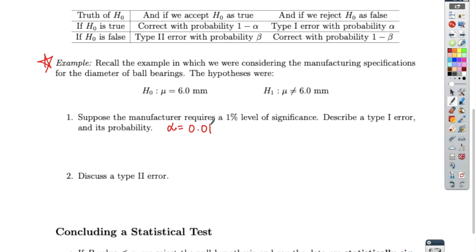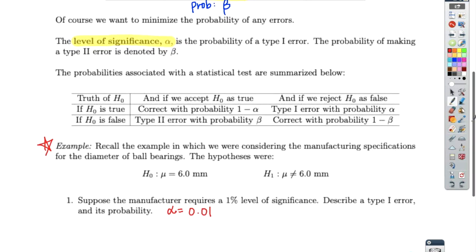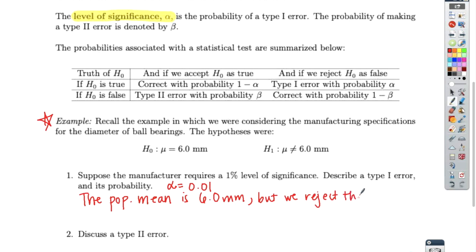Remember, a type 1 error is in the little table: the null hypothesis is true, but we reject it. In this case, the null hypothesis is that the population mean, mu, is 6.0 millimeters. So a type 1 error is that this is true, but we reject that hypothesis.